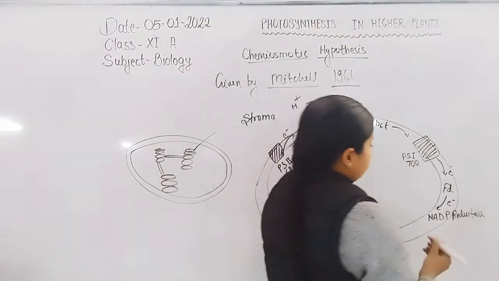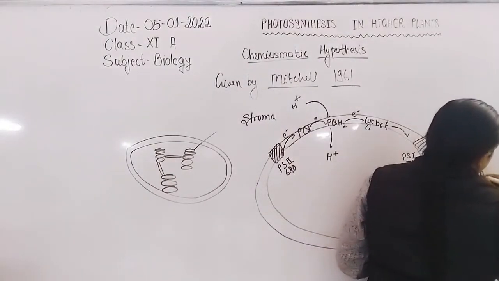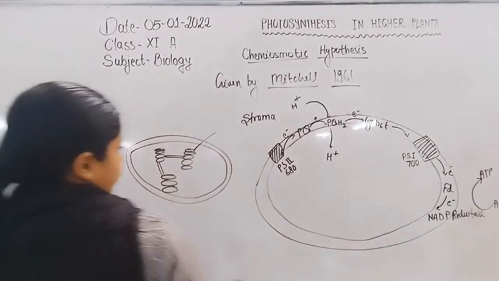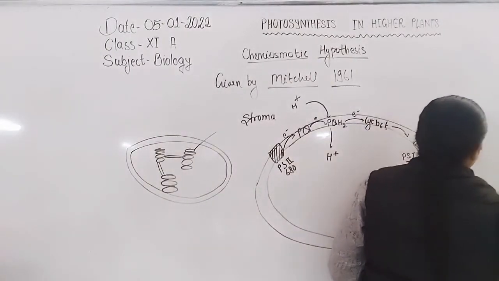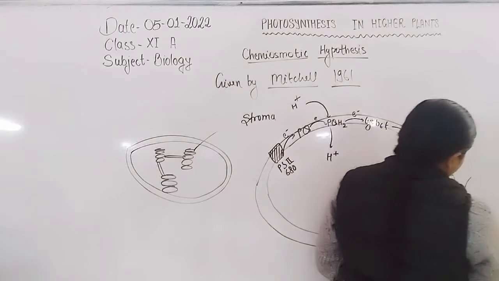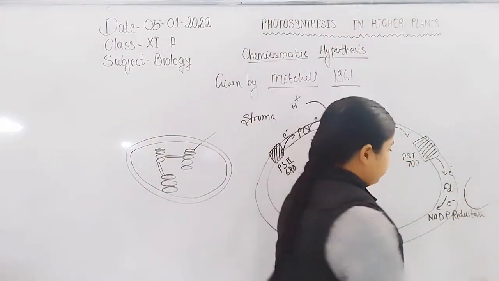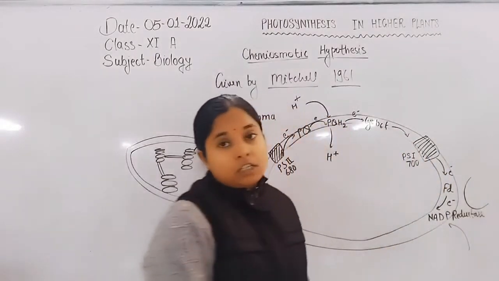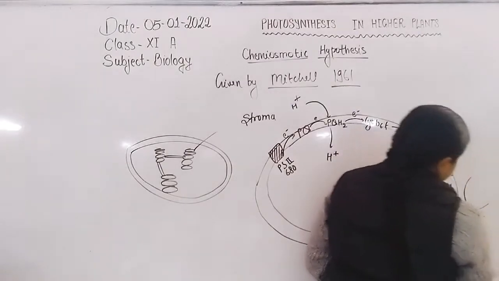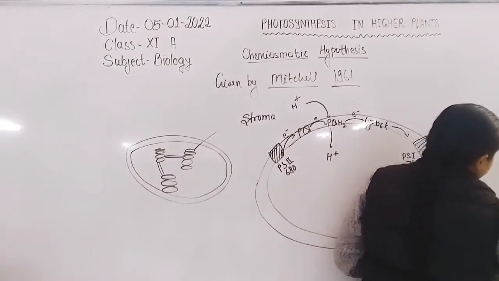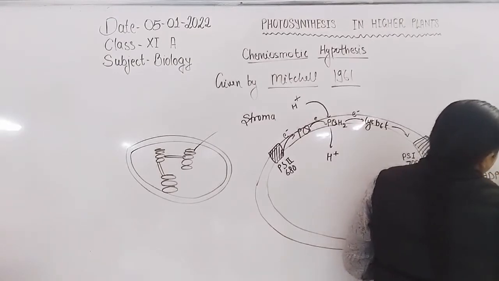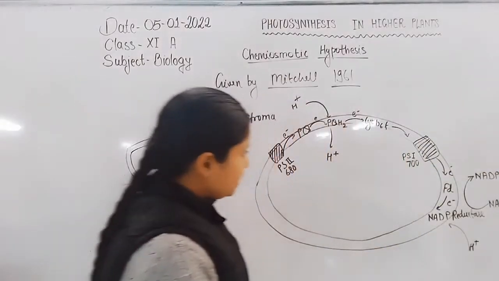NADP reductase, with the electron from photosystem first and the proton from the matrix or stroma, reduces NADP plus to form NADPH plus.